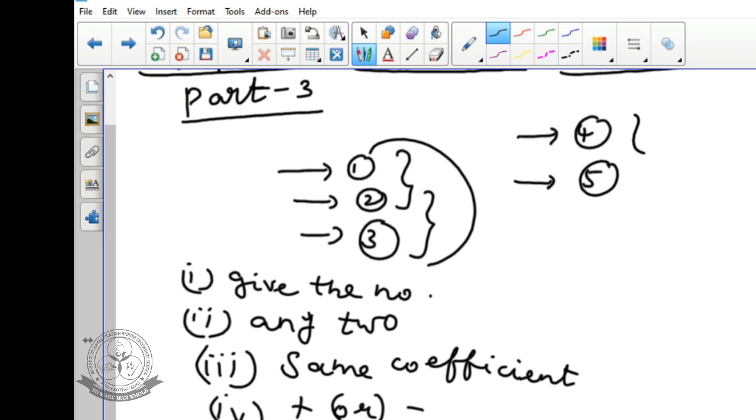Next we solve these two equations to get one value. Suppose we get y equal to 5, then we substitute it in the equations to get another value. Next we substitute these two values in equation 1 to get the x value. Like this we have to follow and solve the equations.